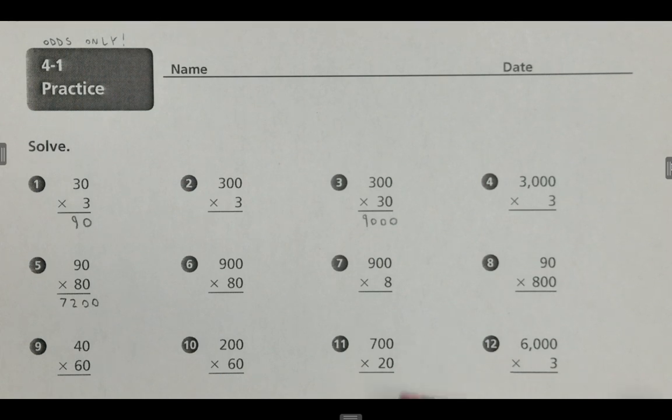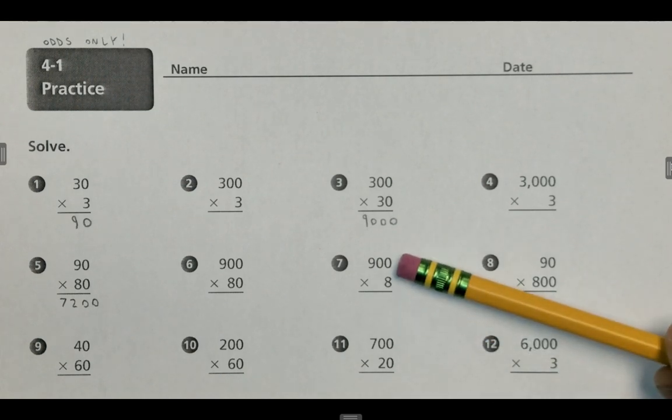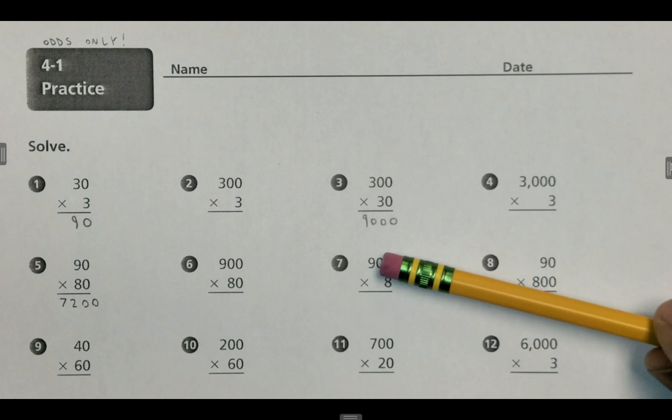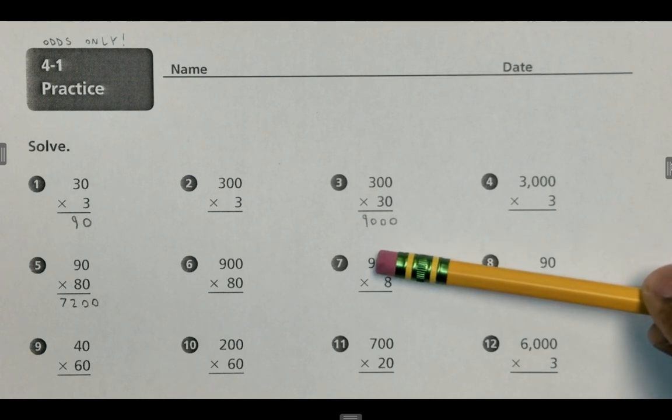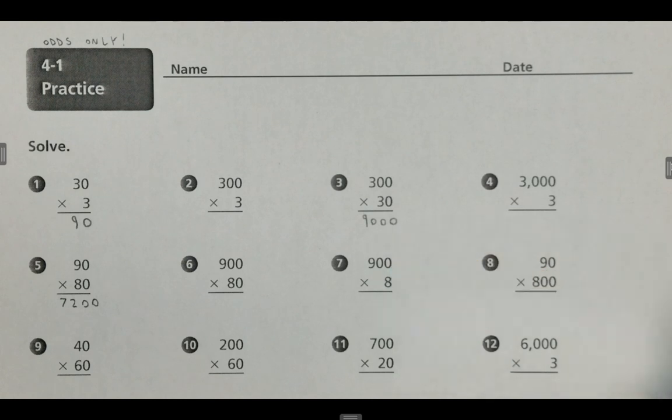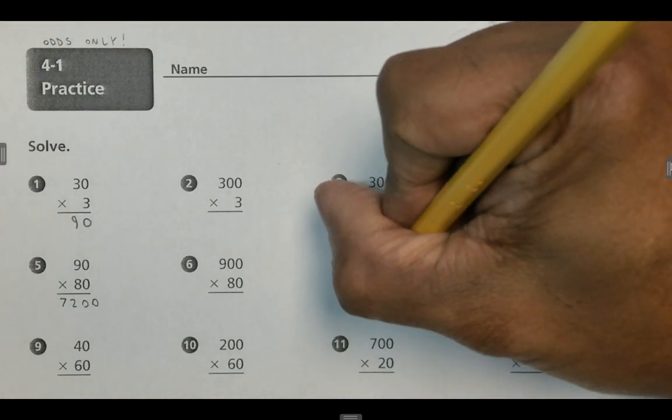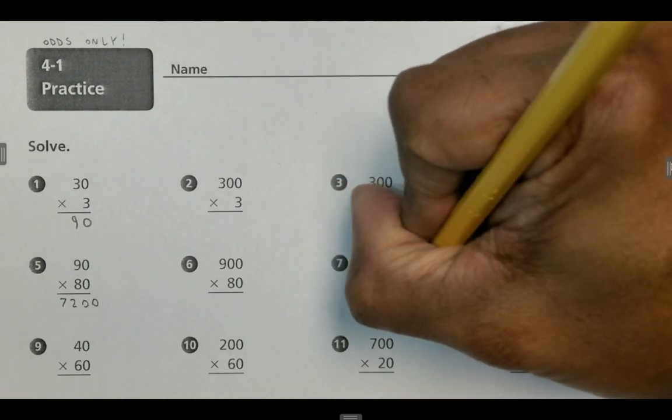Number 7, up top, I've got a multiple of 10. 900 has two zeros. Down low, I've got a single-digit number, 8. So I'm going to multiply my non-zero digits, 9 times 8, which is again 72. And I'm going to add in my 2 zeros to get 7,200.